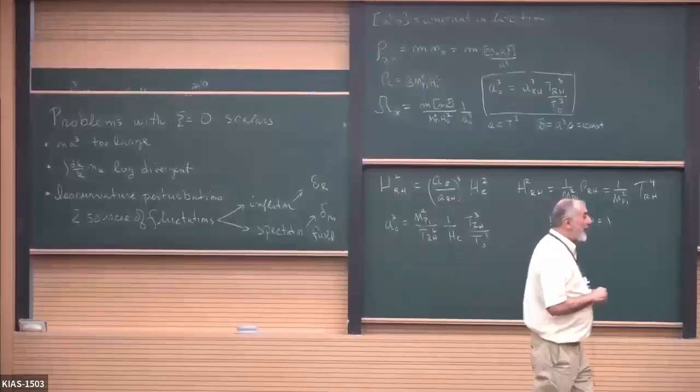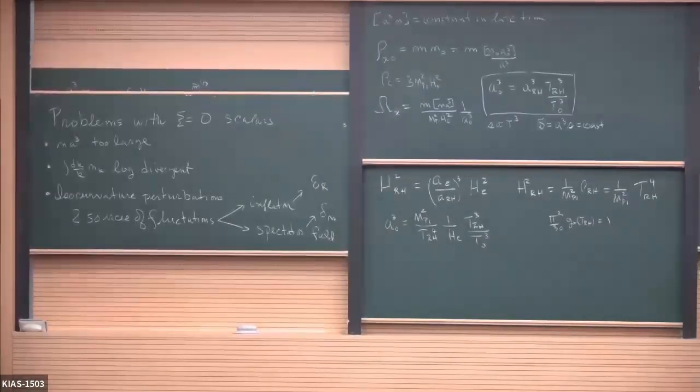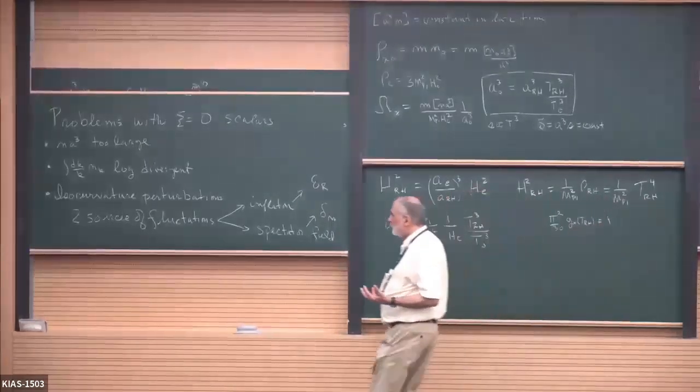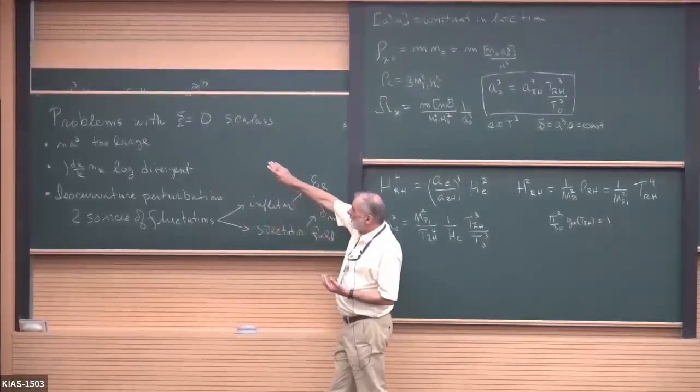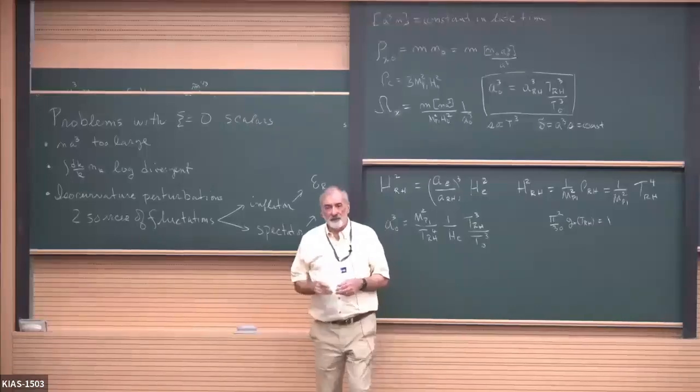These are known as isocurvature fluctuations, because the fluctuations in the matter density, if it's due to the spectator field, are uncorrelated with the curvature fluctuations. So this consideration alone would rule out a minimally coupled scalar as being dark matter.